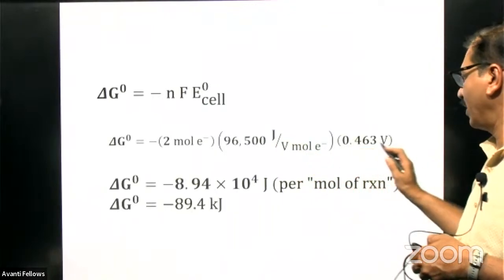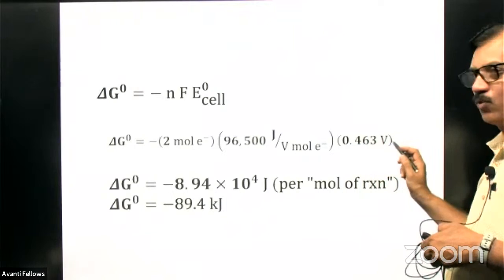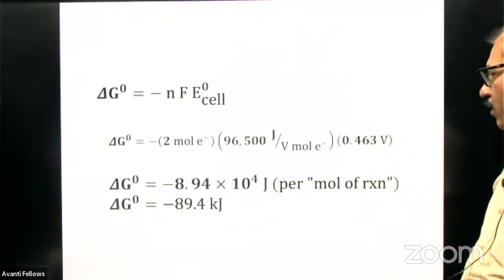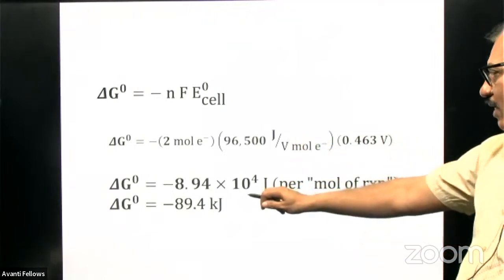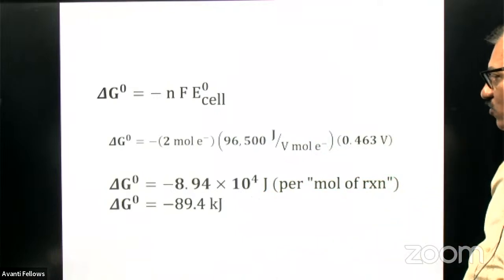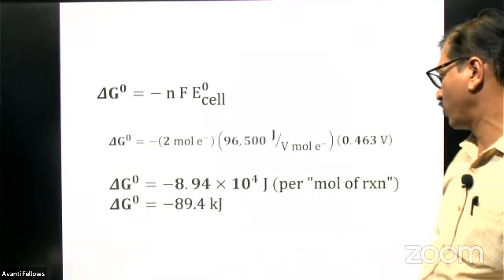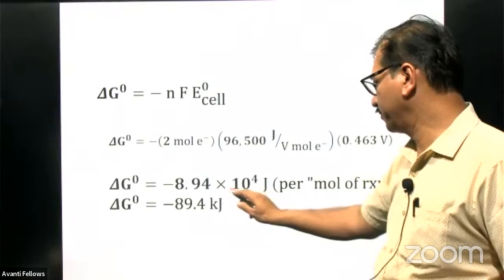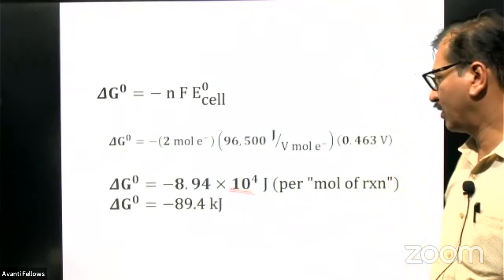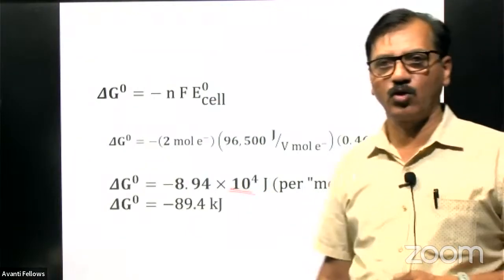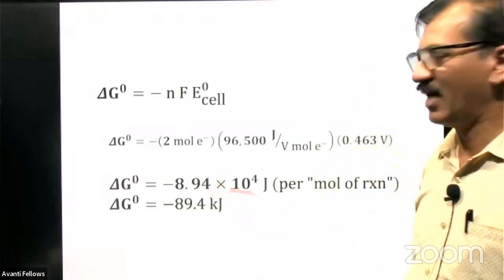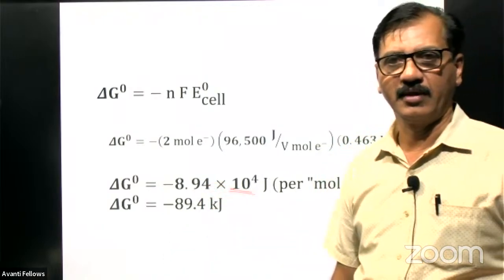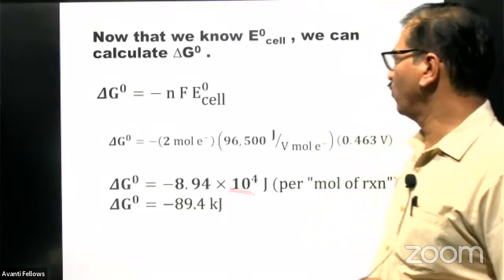And E0 of the cell is 0.463 volt. Now, the delta G0 value comes to be minus 89.4 kilojoules, right? 10 to the power 3 joule is 1 kilojoule, therefore the answer is kept in kilojoules. So this is the way we can find the answer.